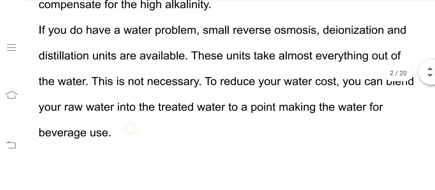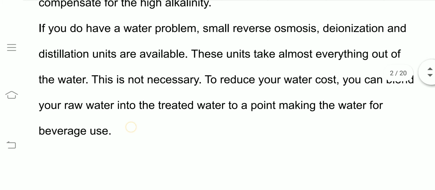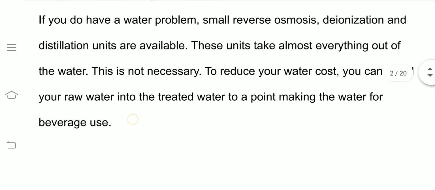But in osmosis, the ions or molecules randomly diffuse along the concentration gradient. And what is the concentration gradient? That is higher concentration to lower concentration in order to achieve the equilibrium. So, osmosis and reverse osmosis are just opposite.